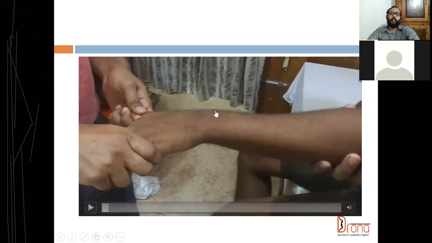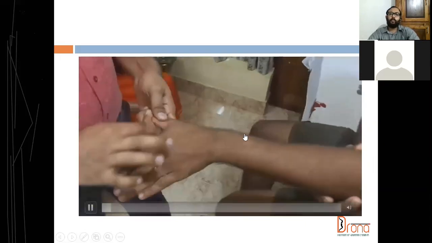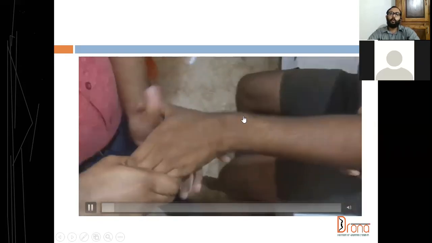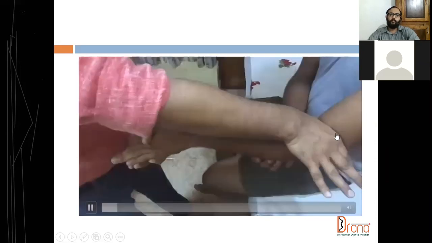By giving ulnar deviation itself, the lateral displacement of the radius will be corrected. The second correction is correction of the posterior or dorsal displacement. This is counter traction.